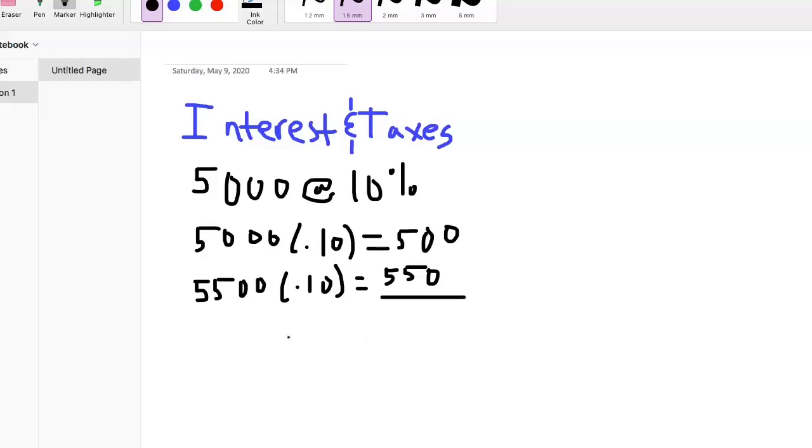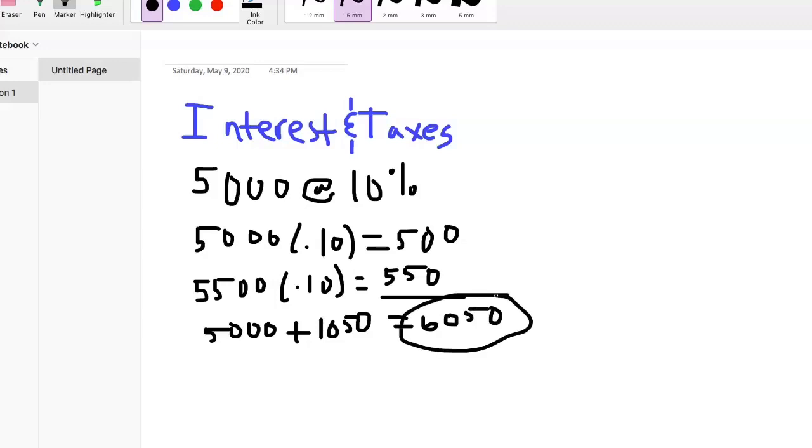And so then you have 5,000 plus the 1,050 equals 6,050, right? And that's really your total. So that's your new total. Or if they want to know how much money did you make in interest, then it's 1,050.